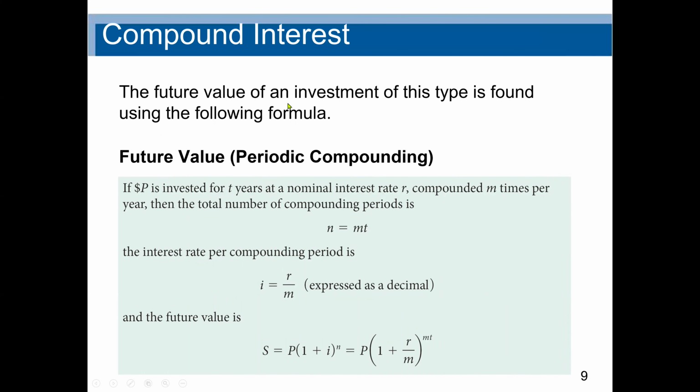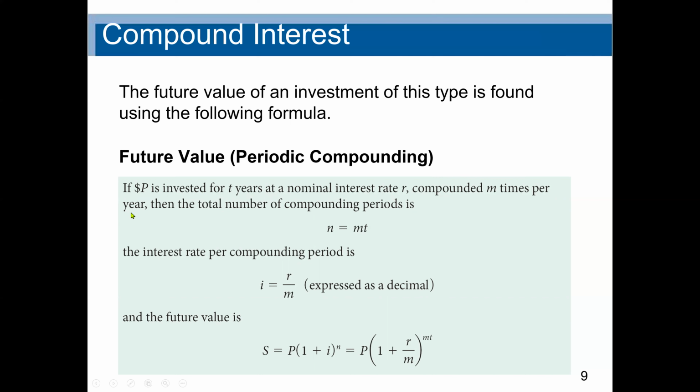The future value of an investment of this type is found using the following formula. First, we know that if P is invested for T years at a nominal interest rate, compounded annually, we saw that formula already. Here we are going to say compounded M times per year.